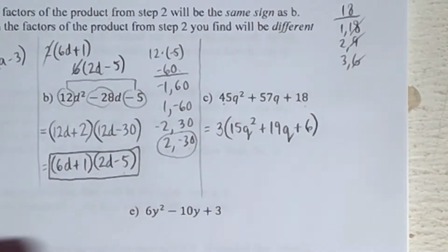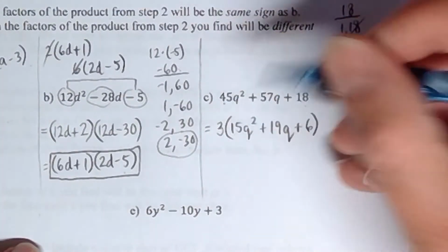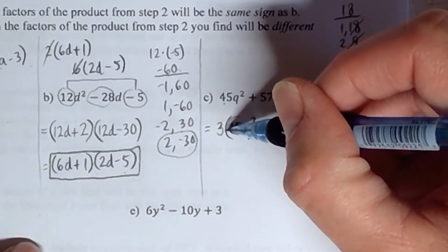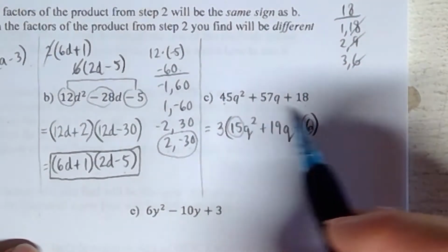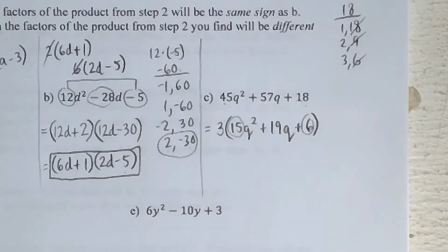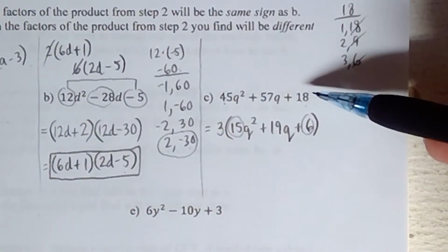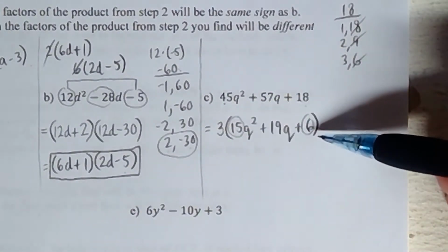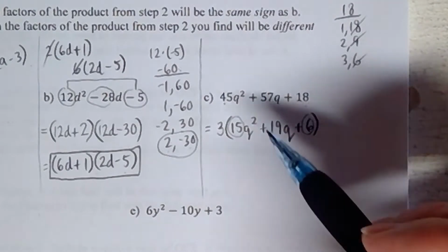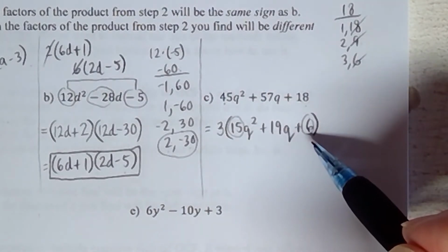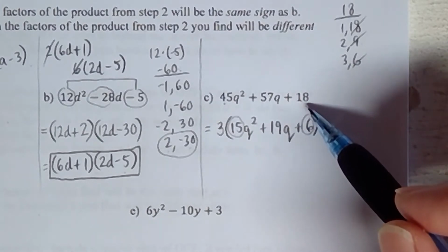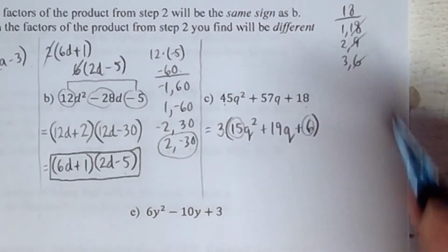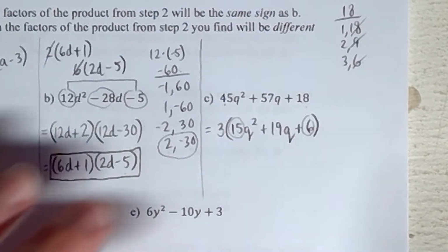You still do a similar technique, but you do it on just the remaining trinomial, which is the 15 and the 6, not the 45 and the 18. So if you do end up factoring a GCF out of the original problem, you only then try to factor the remaining part, the 15 and the 6.